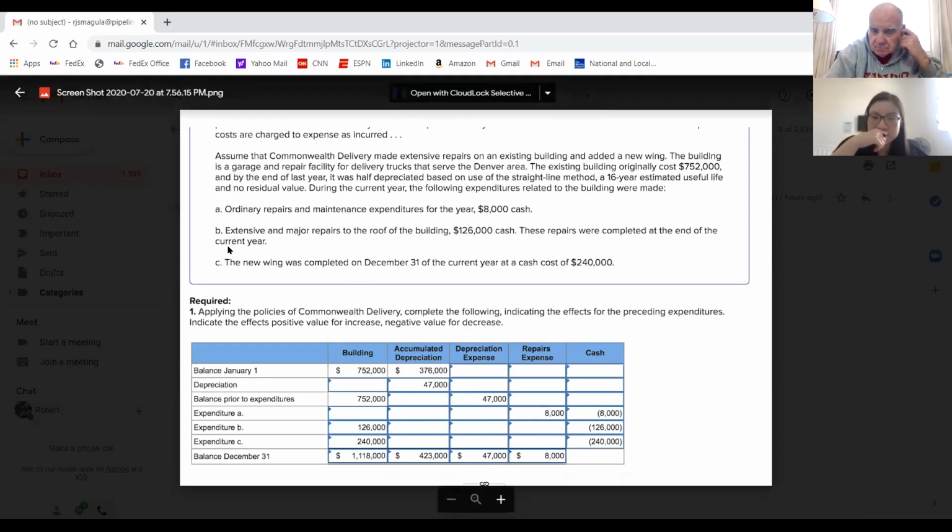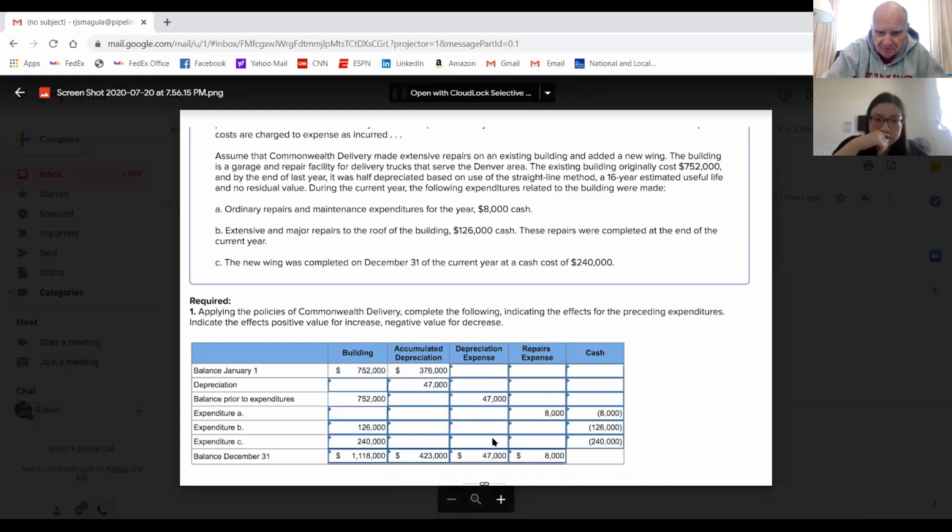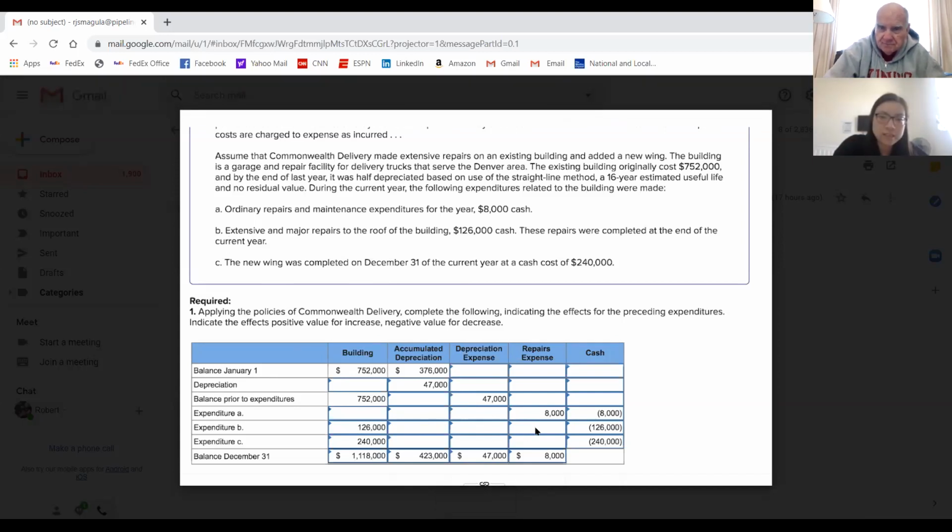Extensive and major repairs. They're repairs. Repairs is an expense. It's a big number, and you may be right putting it there, but it's not really telling you to do it. I think that 126 goes over here. But it said that's right.